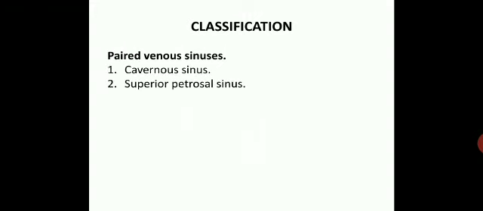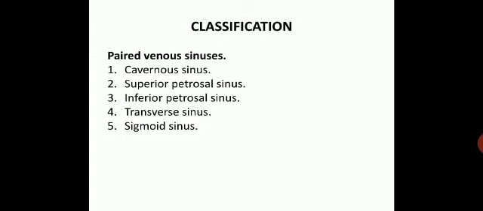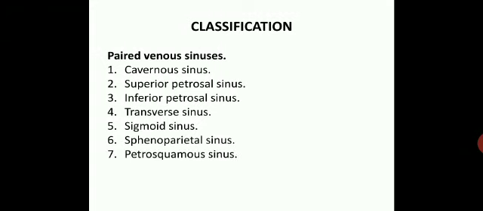Classification. So, totally there are 23 venous sinuses. Out of which 8 are paired and 7 are unpaired. The paired venous sinuses are the cavernous sinus, superior petrosal sinus, inferior petrosal sinus, transverse sinus, sigmoid sinus, spinoparietal sinus and the petrosquamous sinus.